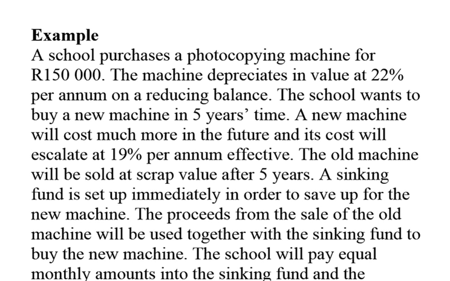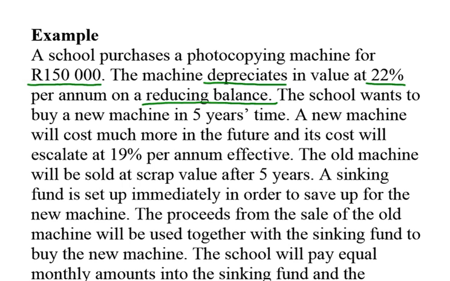Alright, so in this example, a school purchases a photocopying machine for 150,000 Rand. The machine depreciates in value at 22% per annum on a reducing balance. So that's how much it's depreciated over the time.